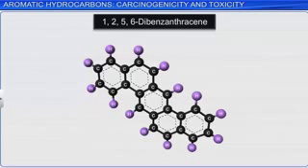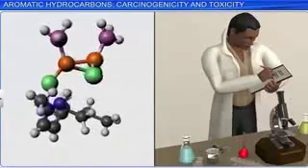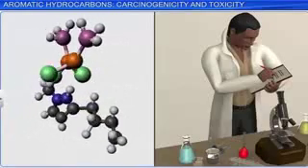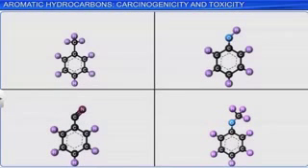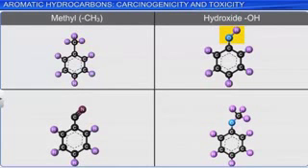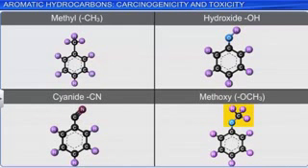There is no general method by which we can predict which polynuclear hydrocarbons will be carcinogenic. However, it is found that the number and position of certain groups such as methyl, hydroxide, cyanide, and methoxy in these compounds give rise to carcinogenic tendencies.